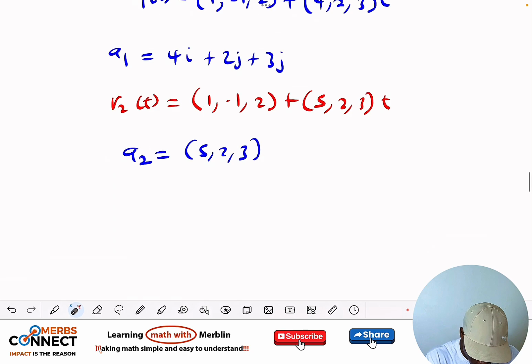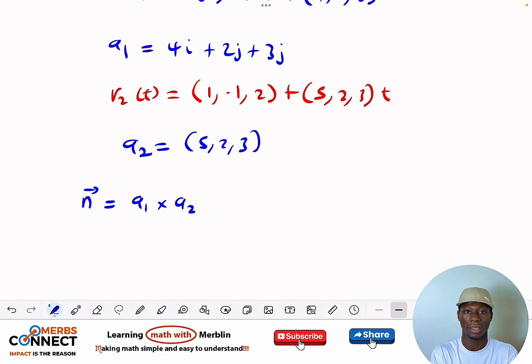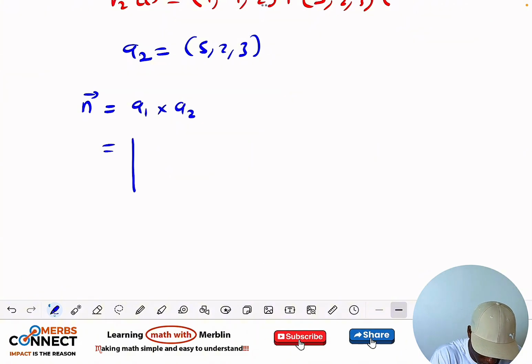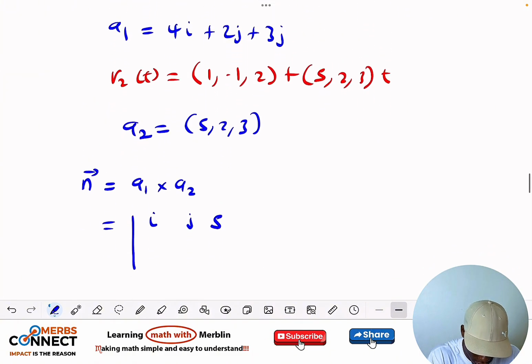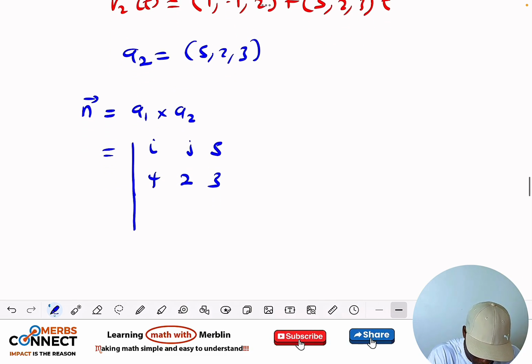Good. So for us to find the normal vector, it is equal to A1 cross A2. We need to cross the directional vectors. So let's go through that. This is going to be i, j, k. A1 is 4, 2, 3, and then A2 is 5, 2, 3.